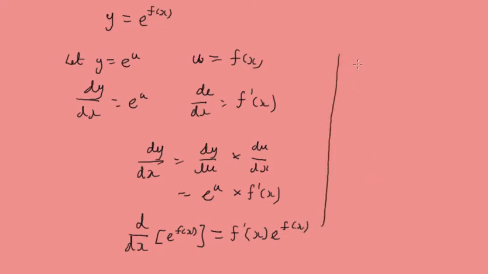And we can say in general, d by dx of e to the ax plus b is going to be equal to a e to the ax plus b. Let's do a few examples to just clarify this a bit further and see how it works.